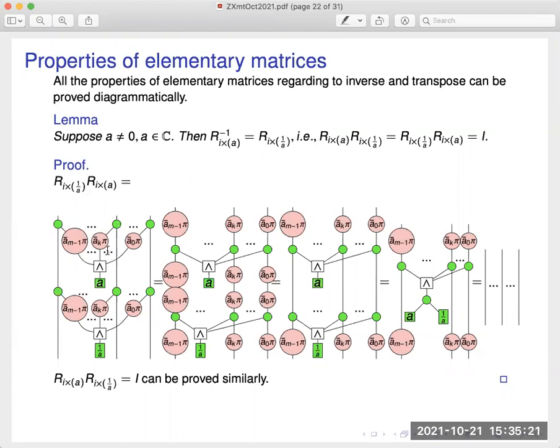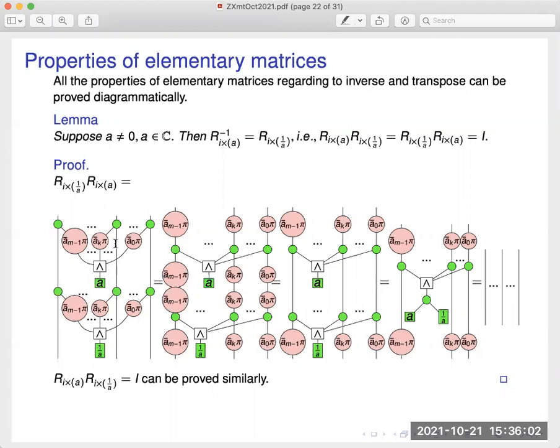We use the diagram as we just showed. This is the diagram for the row multiplication by A, and this is the diagram for the row multiplication by 1 over A. You do this first on top and then this on the bottom. That means you connect them, and when you connect them, no matter whether it's 0 or pi, we can use the copy rule, right? They can be copied by the agreement. So copy.